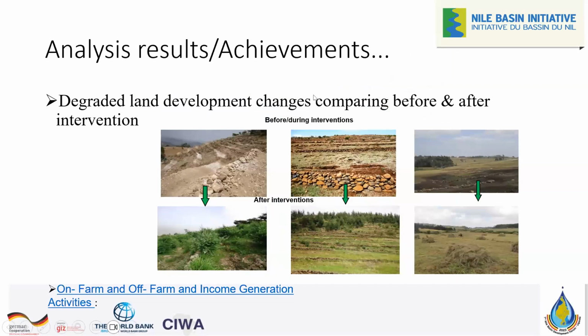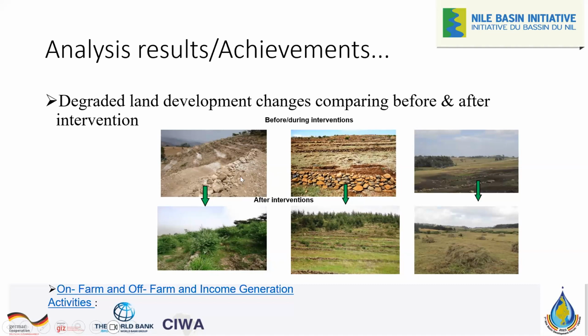When it comes to the achievement, because of the time, this is a very vast project. It was implemented for the last 6 years, but I'm going to summarize it with the achievement that has been gained through implementation of this project. For example, these are the physical activities of the project in terms of different physical conservation measures.